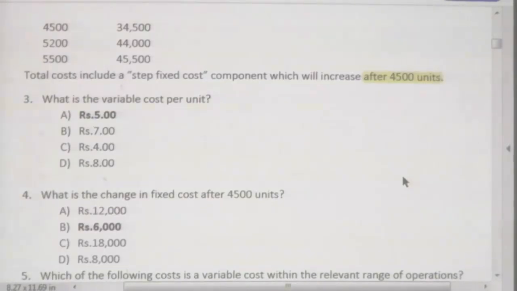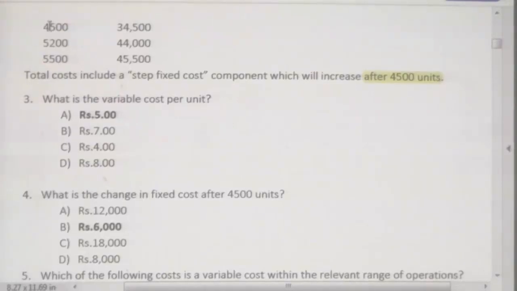After 4,500 units. That means the step cost is not applicable for 4,500 units, because it is mentioned that it will increase after 4,500 units. That means including 4,500 there is no step fixed cost, but from the 4,501st unit, that step cost will be applicable.